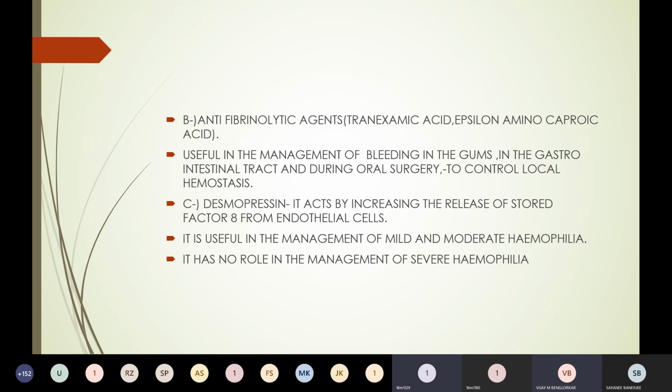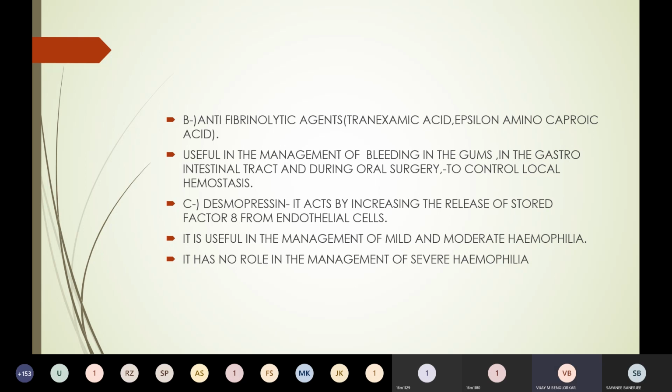Other treatment modalities in hemophilia, particularly severe hemophilia, are antifibrinolytic agents like tranexamic acid and epsilon amino caproic acid. It is useful in the management of bleeding in the gums. So you can apply locally and stop the bleeding.